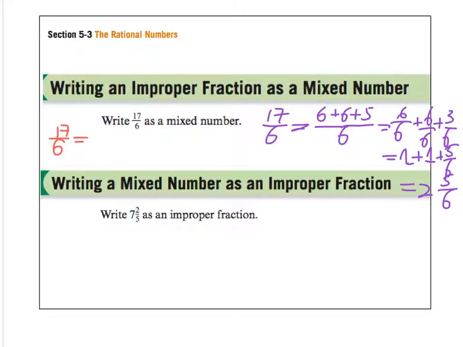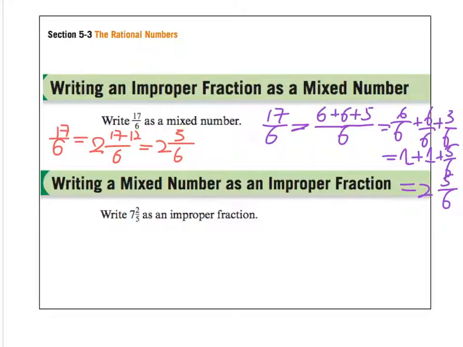So I know that the largest whole number to go into 17 is 2. And 2 times 6 is 12. And then I simply use 17 minus 12 to give me the remainder. So that should give me the same answer here.